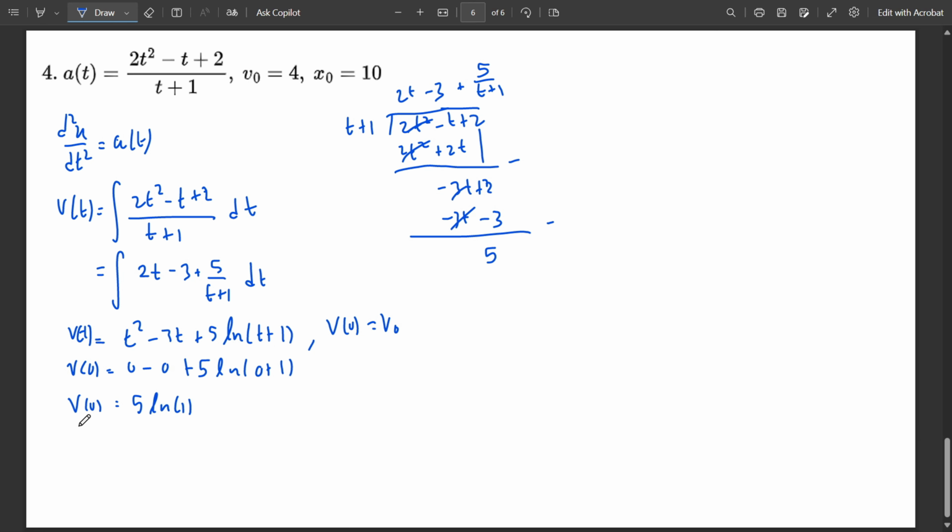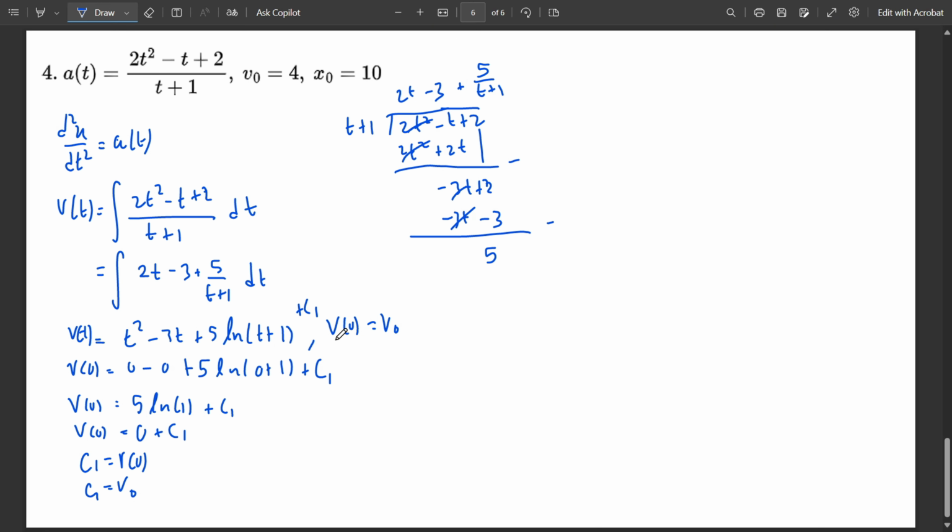Wait, I forgot the plus c1. ln of 1 is just 0, so we have 0 plus c1. So c1 equals v0, so c1 equals our v initial. Nice.